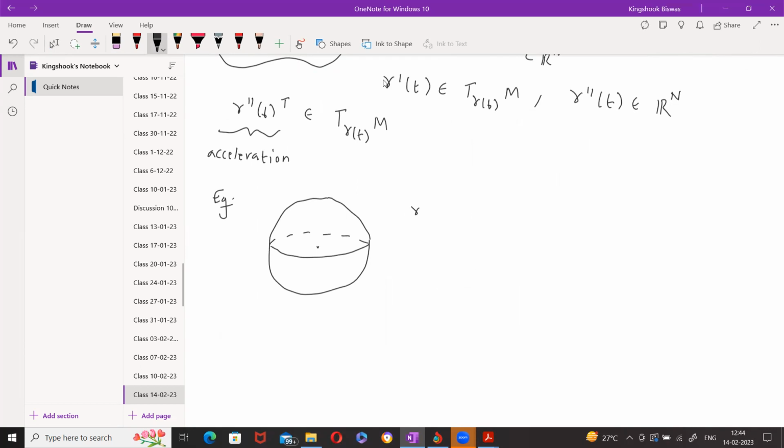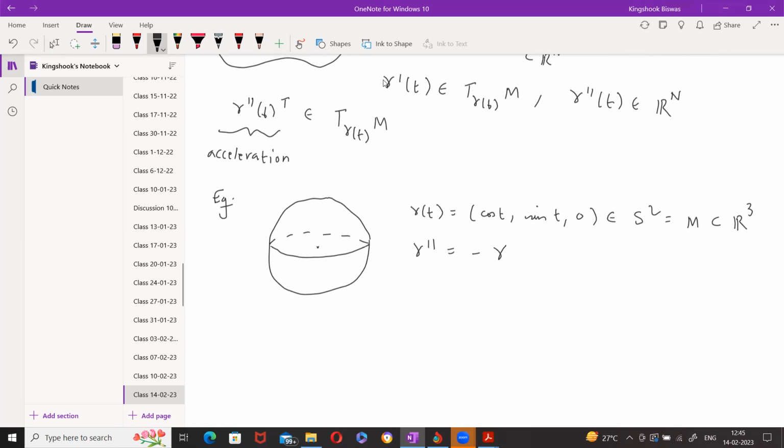So gamma(t) is (cos t, sin t, 0) in S2, which is my M sitting inside R3, right? Then gamma double prime is minus gamma, right? If I differentiate twice, I'll just get minus gamma, right?